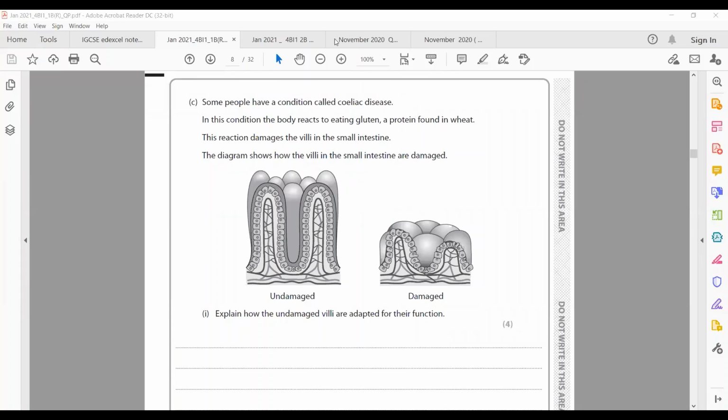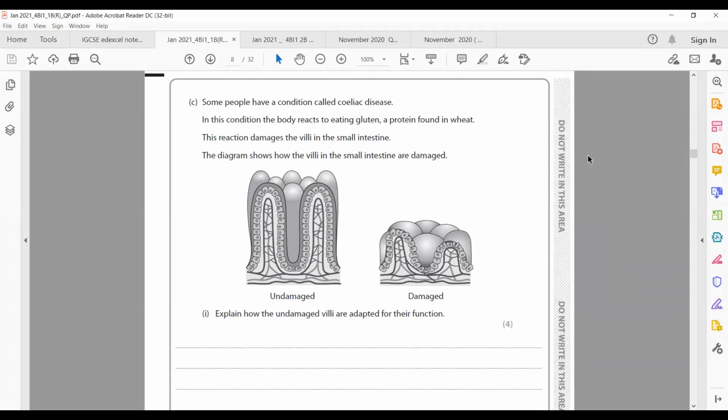You said that I heard only when the villi are damaged. So this will lead to less absorption of nutrients. Will you continue, please? Yeah, this will cause fewer nutrients to be absorbed in the body, and the person will lack nutrients that are needed by the body.